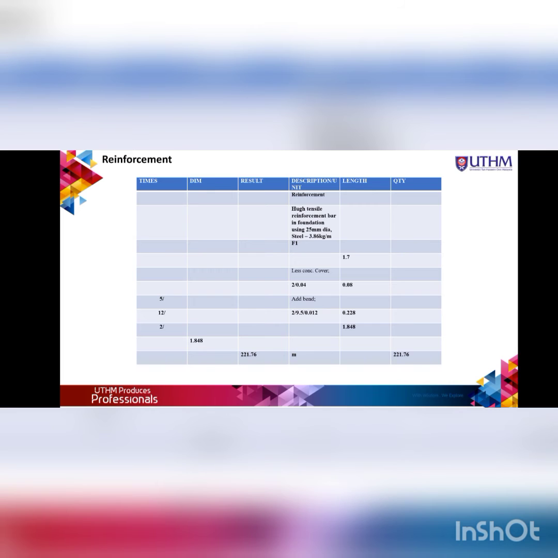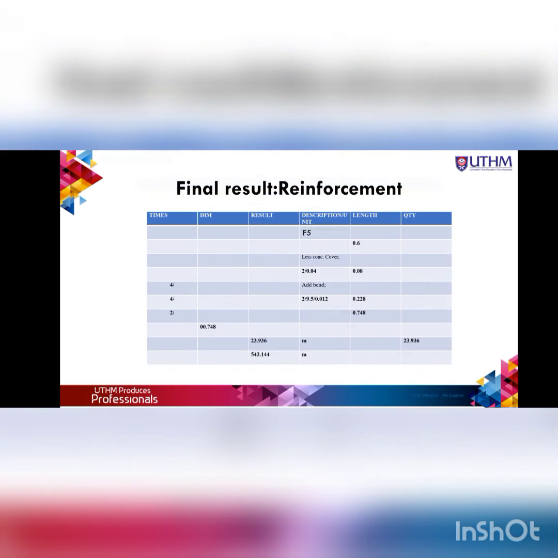So the result will be 221.76 meter, the same as the quantity, 221.76 meter. So the final result of reinforcement, we have all of the pad footings equal to 5, and the sum of the results is 543.144 meter.